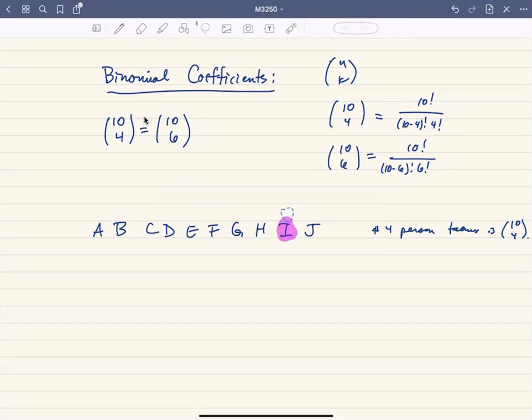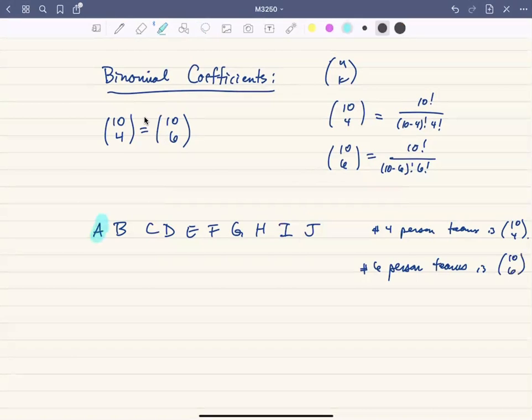If we want to choose the number of people not to go give a talk, that's going to be 10 choose 6. So the number of 6-person teams is 10 choose 6. Deciding who gets to go is the same as deciding who stays back.